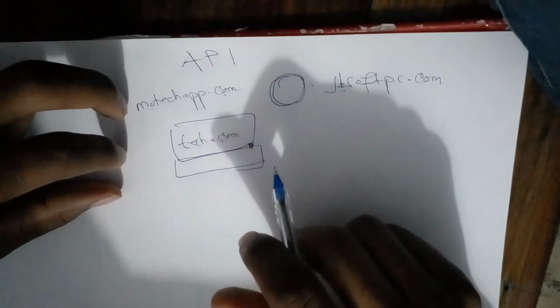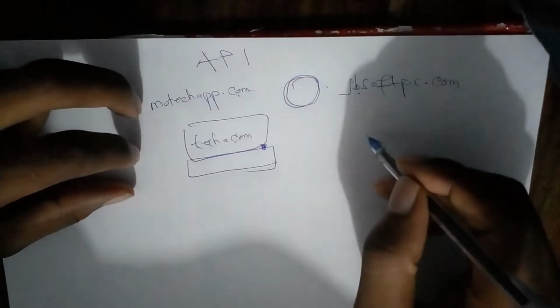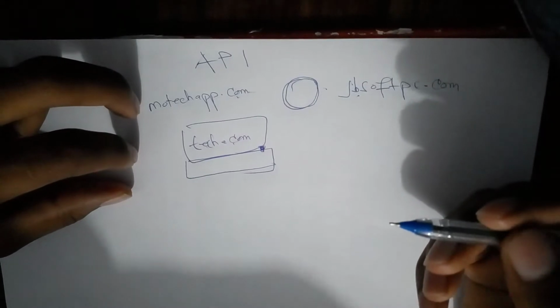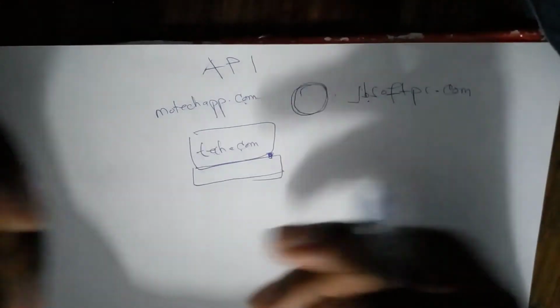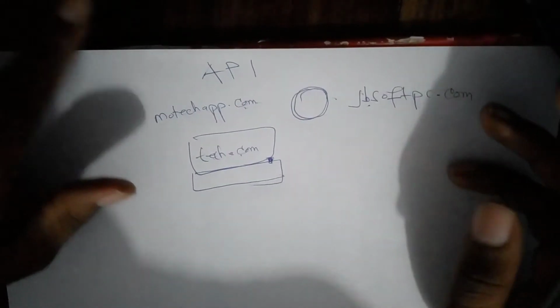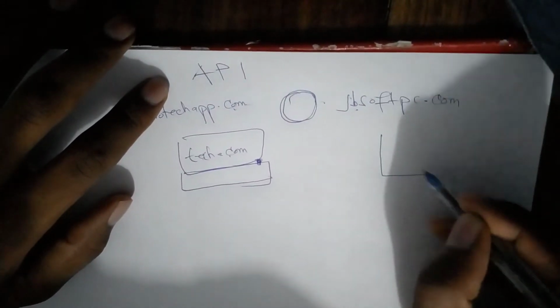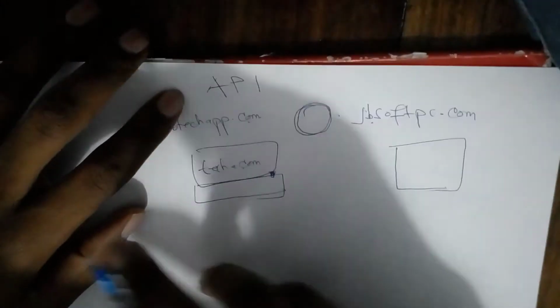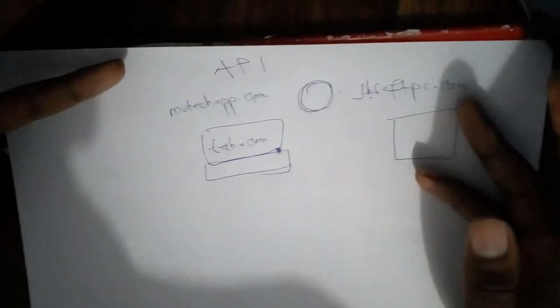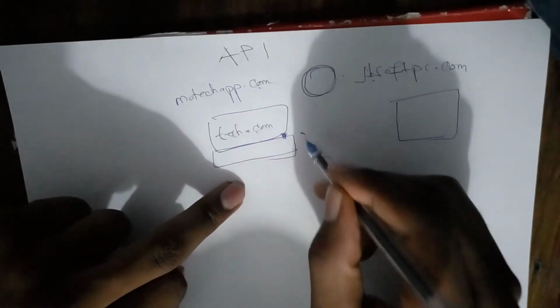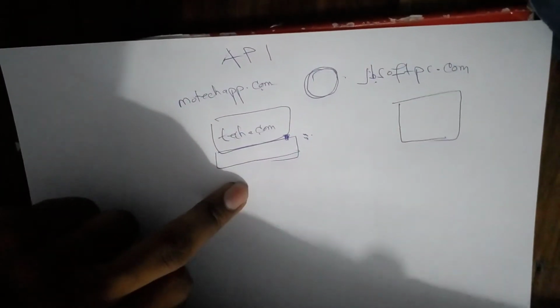A good thing about using API is that we can develop a mobile application by using Flutter or React Native. So when you develop a mobile application, what we'll do is just create a front end, then use API to fetch data from the back end.